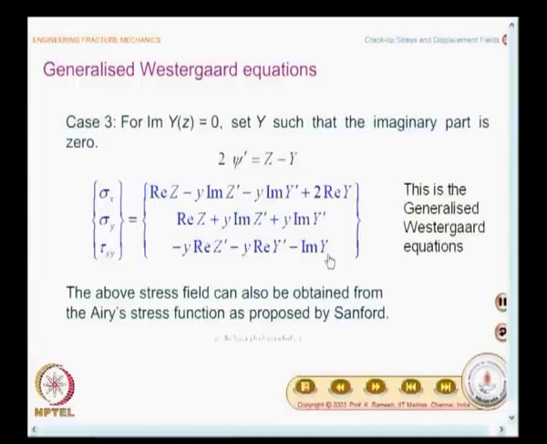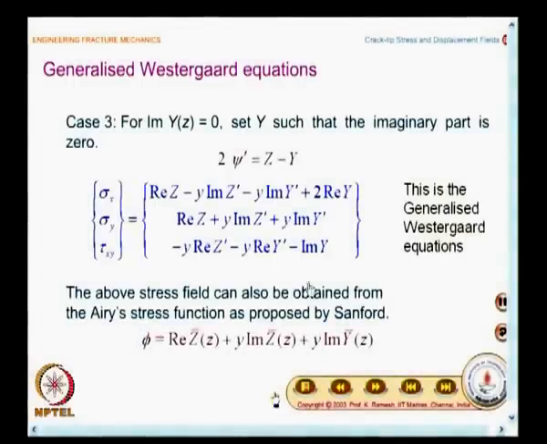So, you can have capital Z and capital Y as the candidates. We have still not looked at the form of capital Z and capital Y. I could also get this expression directly from differentiating the Airy stress function. Whatever result I have got here could also be obtained from this expression of the Airy stress function.